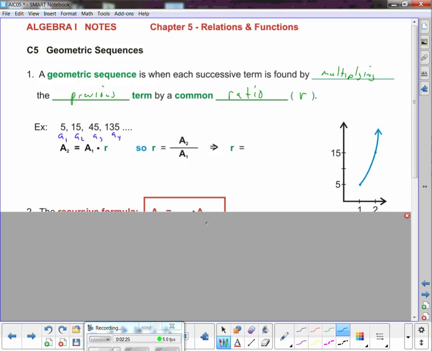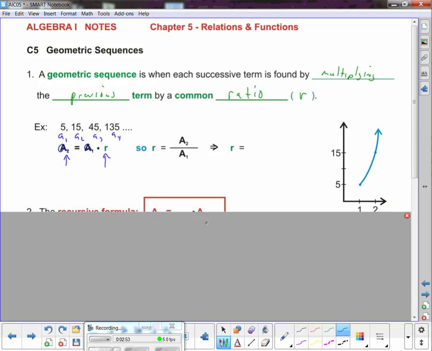These should all be lowercase. The second term will equal the first term, the previous term, times r, our common ratio. So you get this little equation: the second term equals the first term times r.